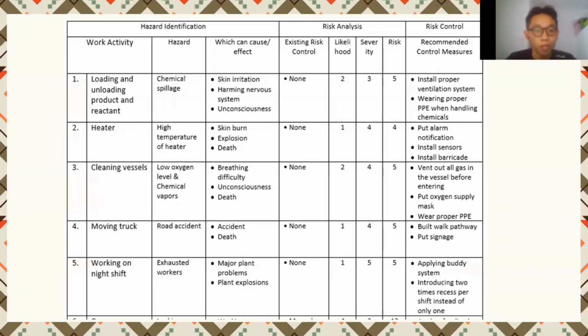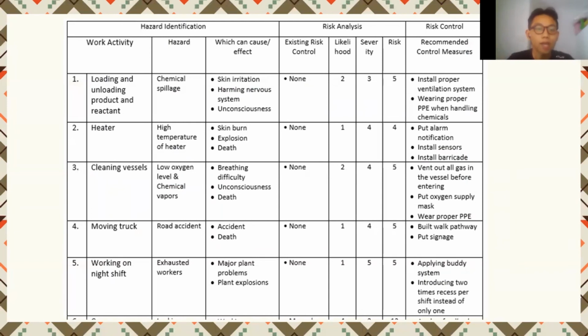For our plan, we managed to identify around 7 hazard identifications, and this is the list of it. As you can see, for the hazard identification, we have the work activities, whether it can happen. We can identify whether it's a manpower problem, property problem, environmental problem, event problem, or mechanical problem.